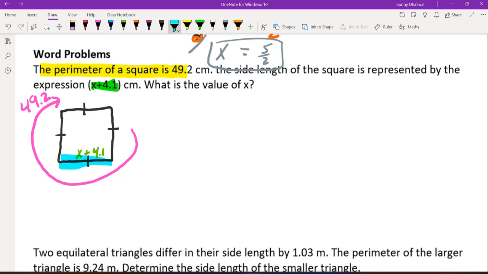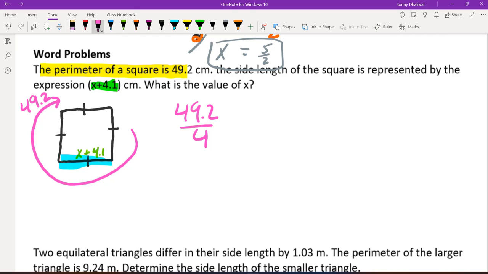There are multiple steps here. If all the way around is 49.2, how big is one side? How do we figure that out? You divide it by 4. So we take that 49.2 and we divide it by 4, because all the sides are the same size.